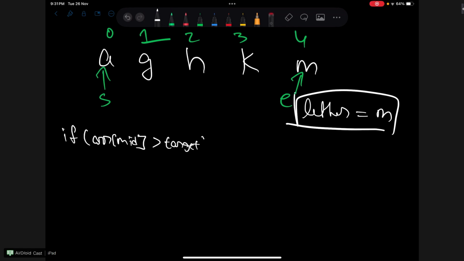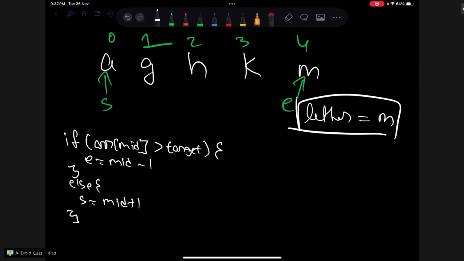In that case, I'll have to do end is equal to mid minus 1, or else I have to do S is equal to mid plus 1. Okay, so I have written this code. Now let's do the mid calculation. So let's start. S is equal to 0, E is equal to 4. So my mid is going to be 0 plus 4 by 2. That is going to be 2.